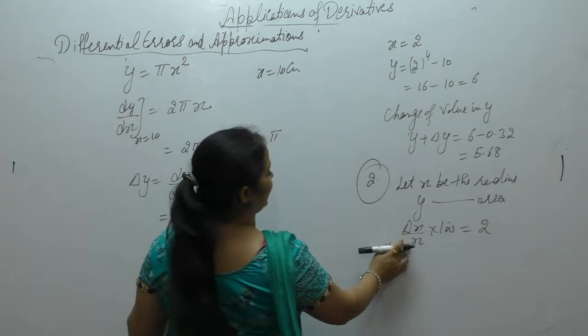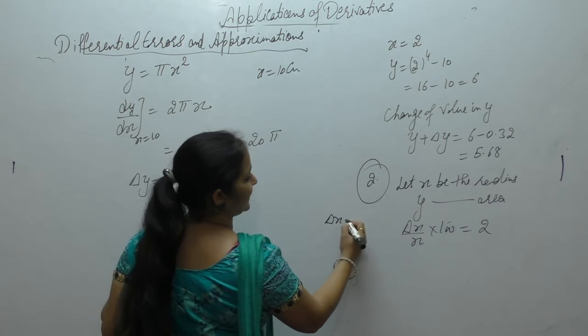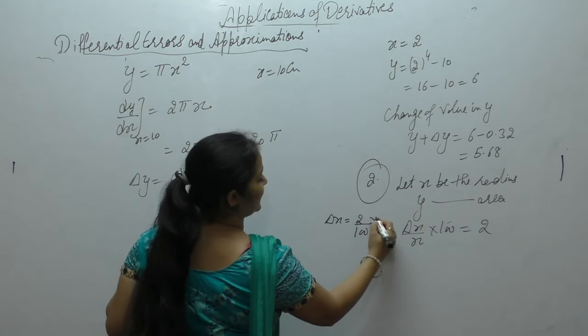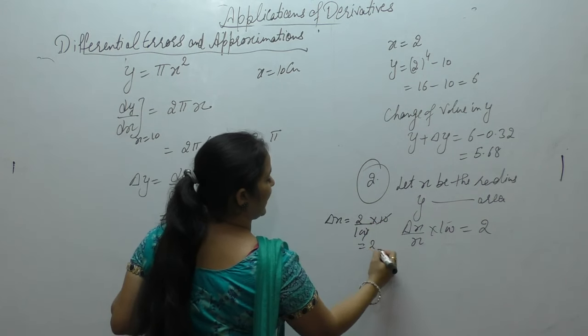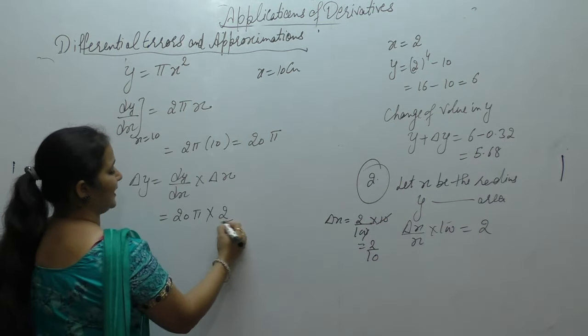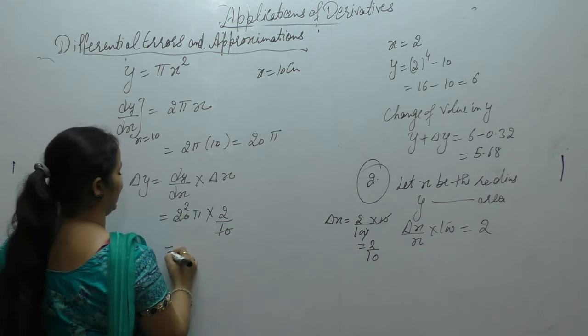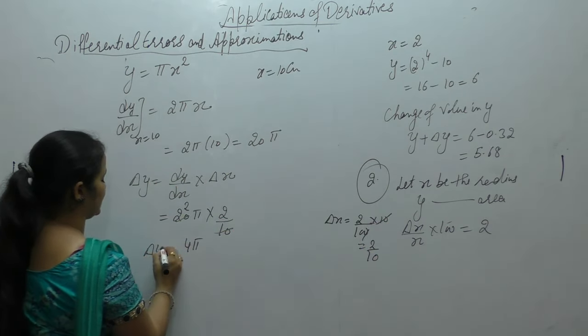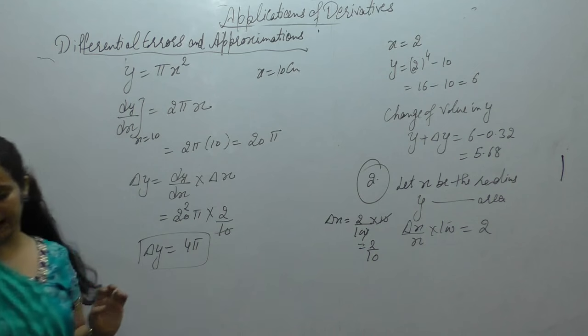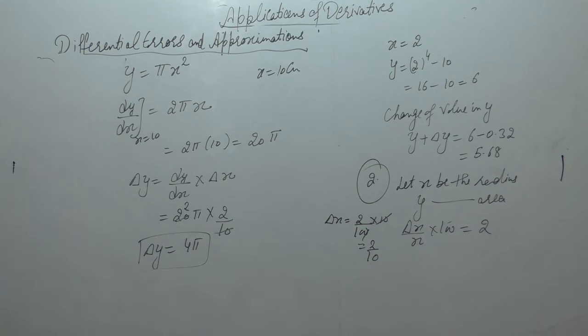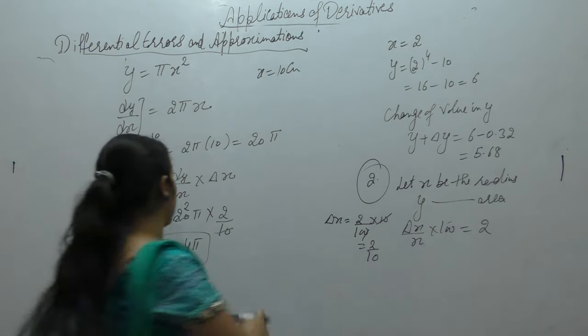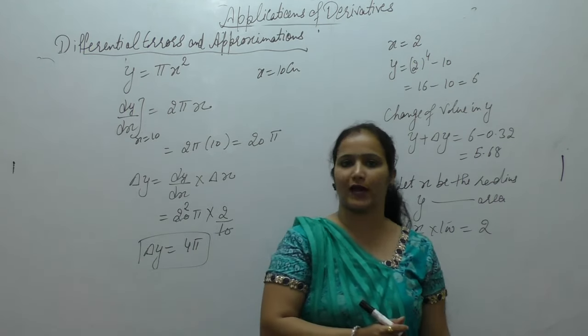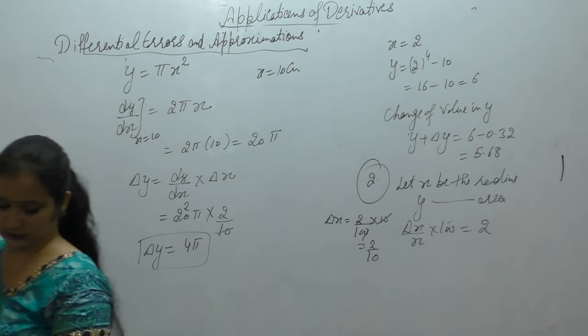When x is equal to 10, delta x is 2 upon 100 times x, x is 10, so delta x is 2 by 10. So delta y is 4 pi. So approximate change in area of the plate is 4 pi. Note it down.